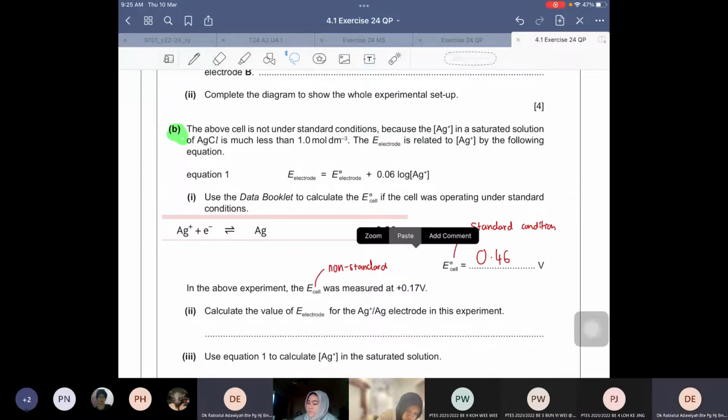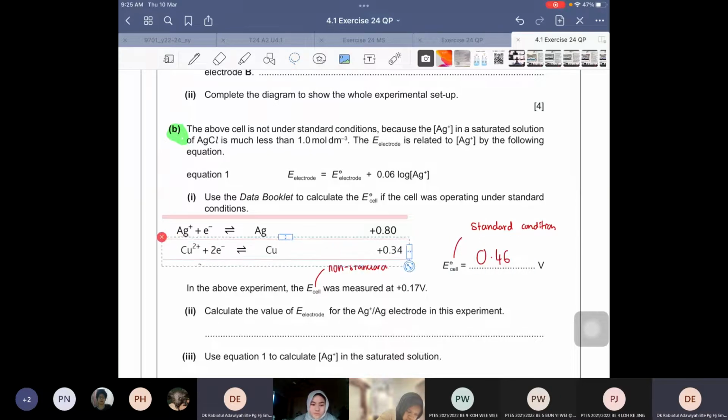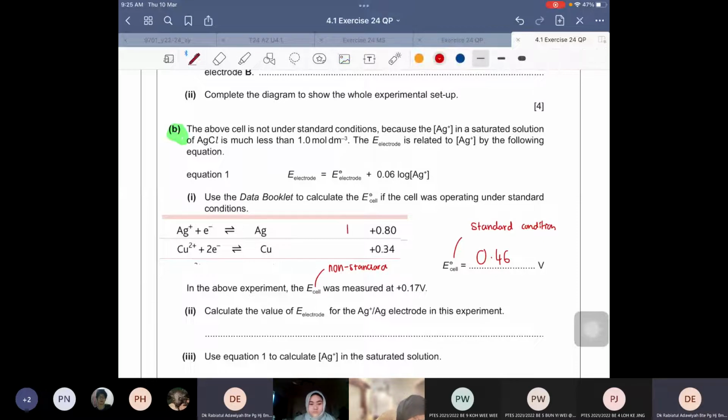Okay, so they want us to calculate the value of the electrode potential E. E naught is the standard electrode potential, but we want to find the electrode potential in non-standard conditions for the Ag+ and Ag electrode.